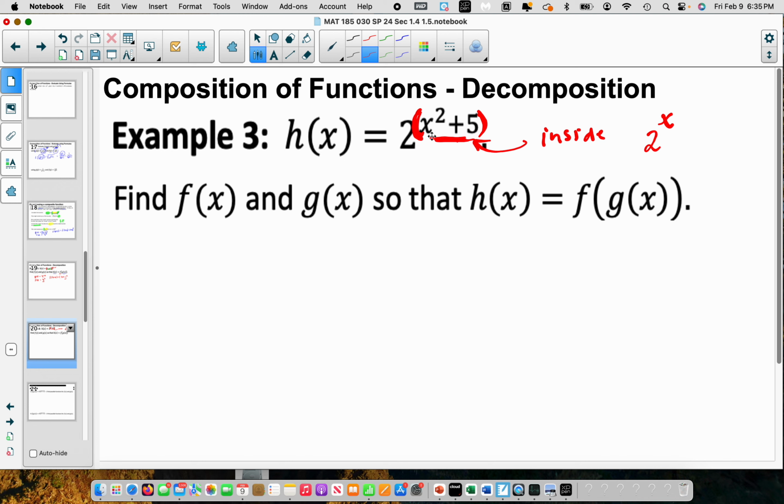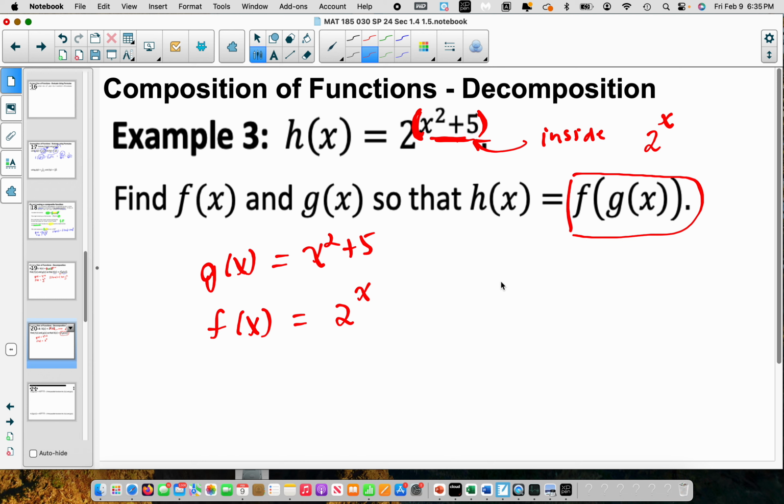So this exponent would be my g of x. So g of x is equal to x squared plus 5. f of x would be equal to 2 raised to the x power.